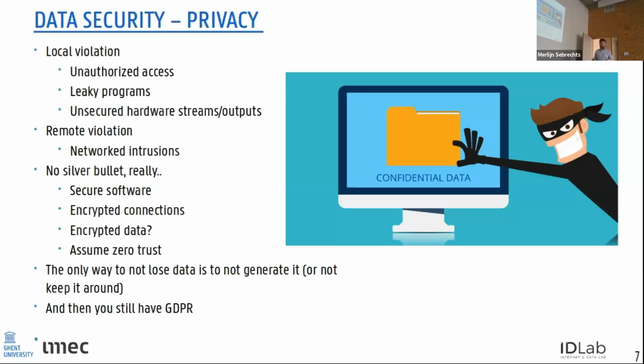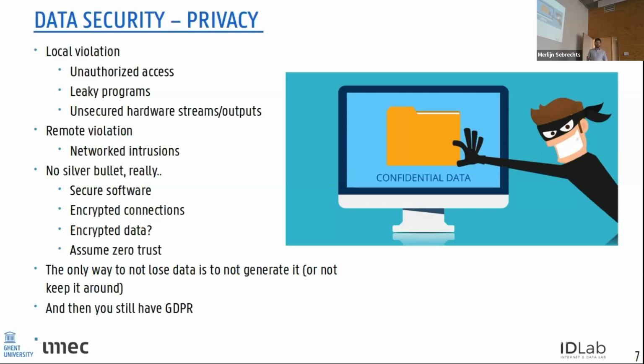Of course, these can be intentional and unintentional. For example, you can have bugs in your program that leak data, whether you want it or not, unsecured connections to remote servers, or you can have someone simply connecting to your device and stealing all the data. Again, much more likely if your connections are unsecured and have no authorization whatsoever. There are no silver bullets to data security because there are many sub-aspects to it.